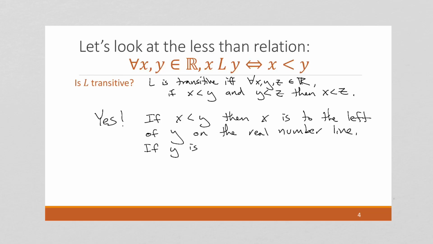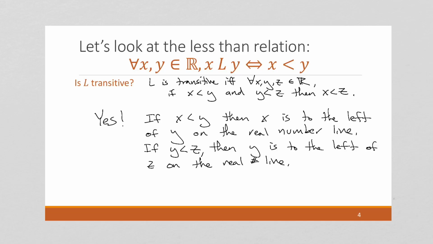If y is less than z, then y is to the left of z on the real number line. And therefore, x is to the left of z as well.